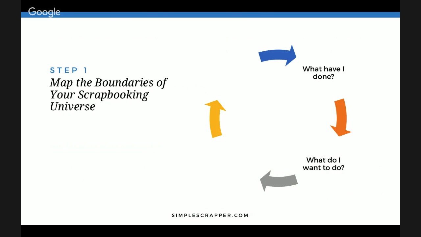What do I want to do in the coming year? What can I do? What's actually realistic or possible for me? And then it's making that decision. What will I do? So you can see as you go around and around, you are able to determine what has worked well and take into account your new ideas and new inspirations, and then narrow that down into what you actually will do.